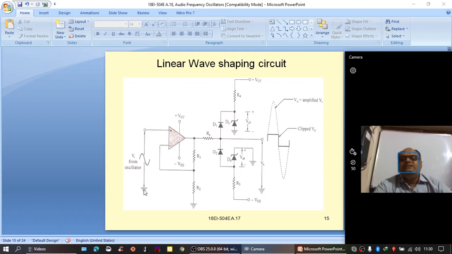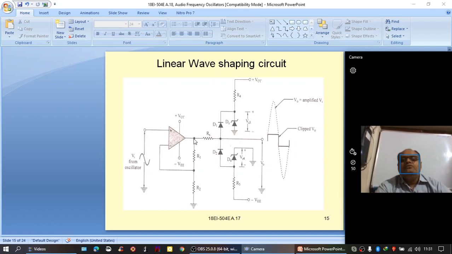Now, as you can see here, initially let us suppose that the power is turned off, and when you turn on the power, then here the output is at positive potential. That means at the positive output.